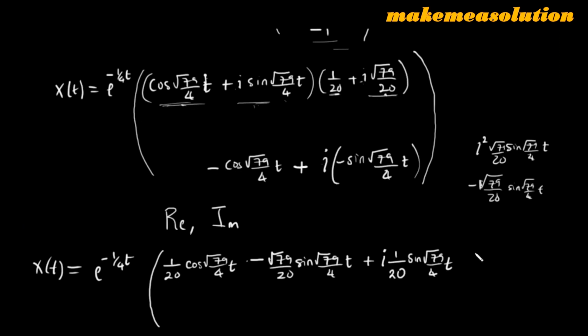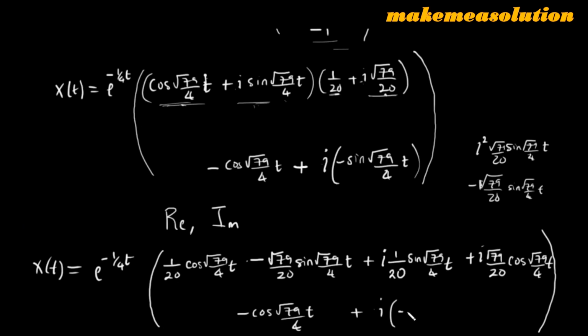So when you multiply them together, you get plus I root 79 over 20, then cos root 79 over 4t. Okay, so this is the expansion. Then for this particular one, you already have minus cos root 79 over 4t, and you now have plus I into minus sine root 79 all over 4t like this.